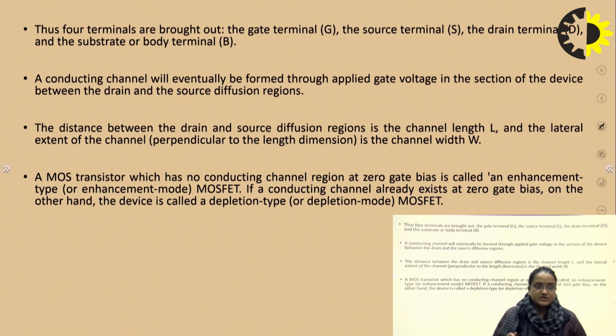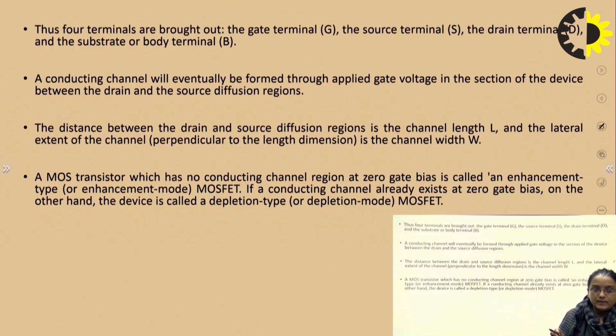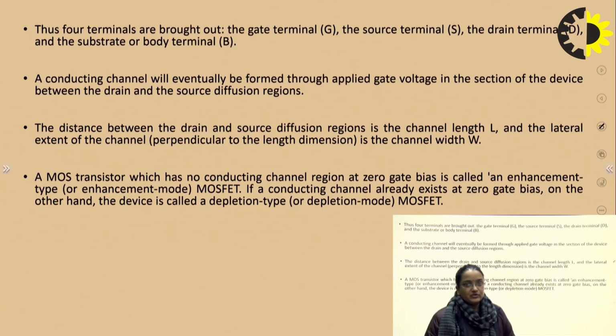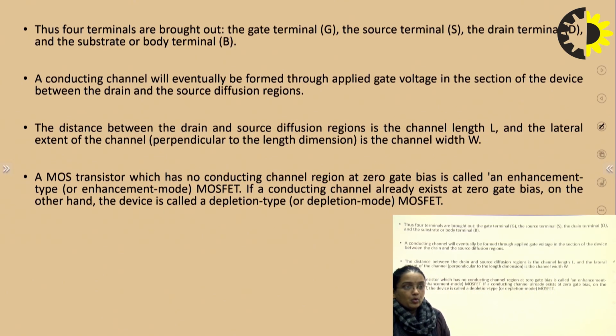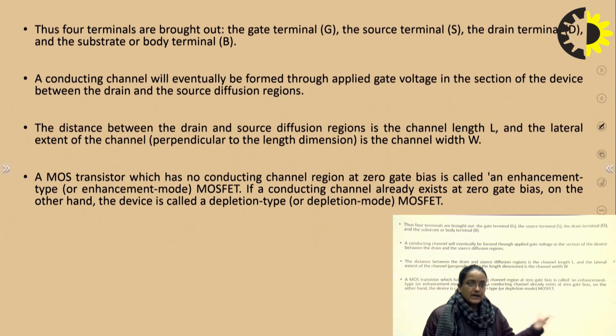The MOS transistor which has no conducting channel region at zero bias condition is called an enhancement type MOSFET. If the conducting channel already exists at zero bias on the device, then we call it a depletion type MOSFET. So how enhancement type differs from depletion type is that in depletion type there exists a channel, but in enhancement type we create the required channel between the source and the drain terminal.